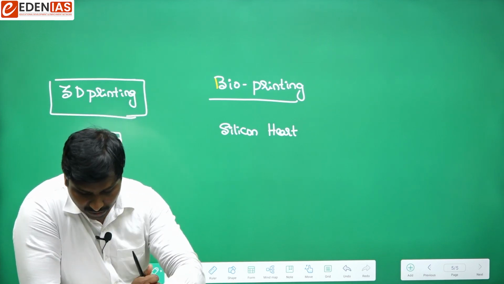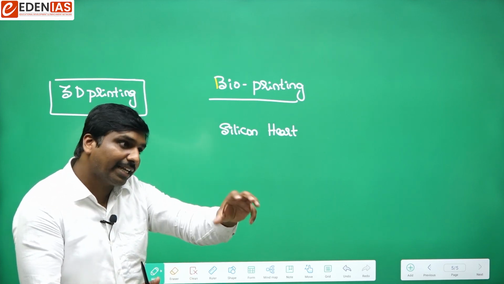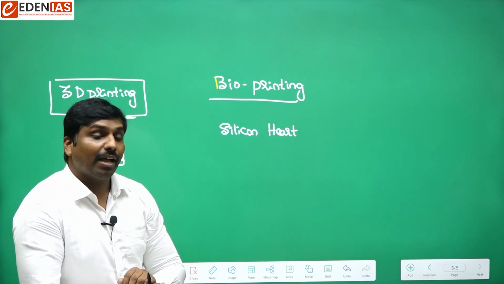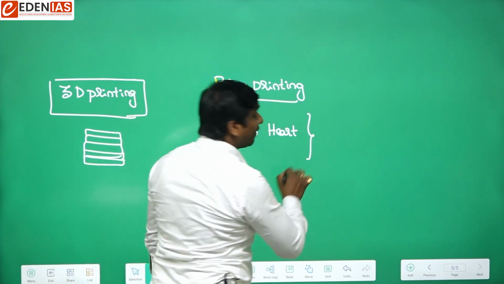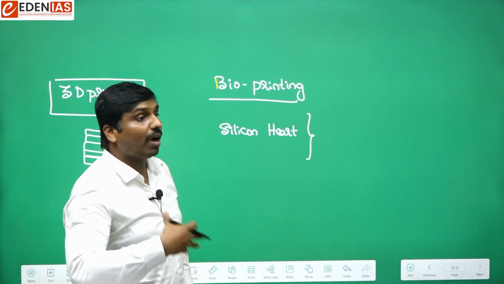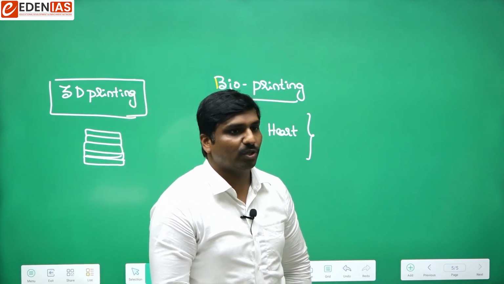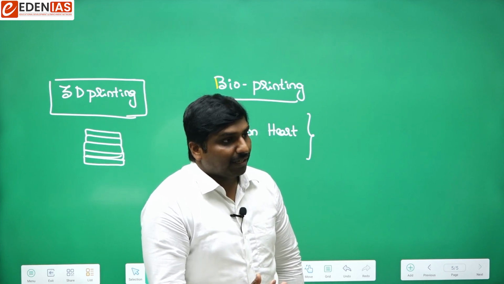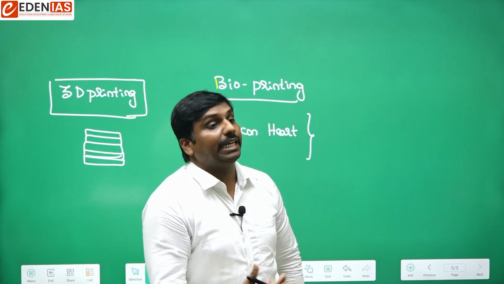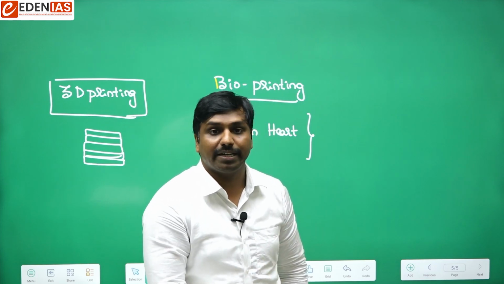What is its use? It resembles an exact heart. Some patients are undergoing heart transplantation. Have you heard about heart transplantation? Meanwhile, there might be delays in procuring the transplant heart.